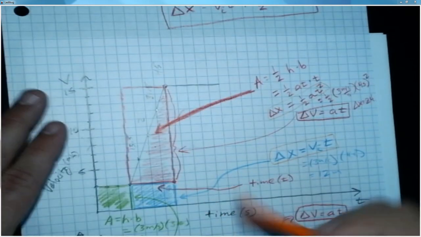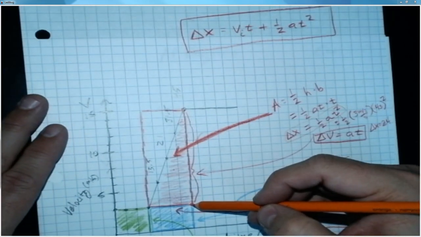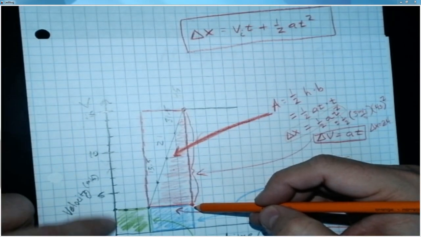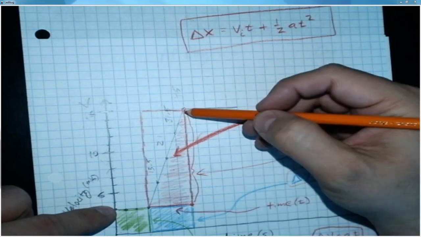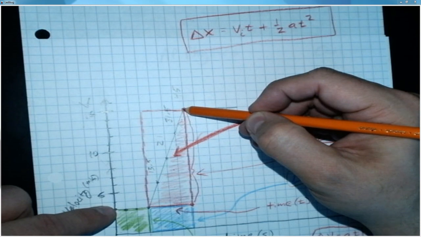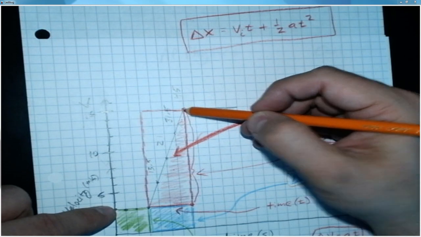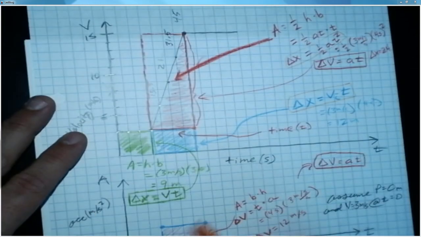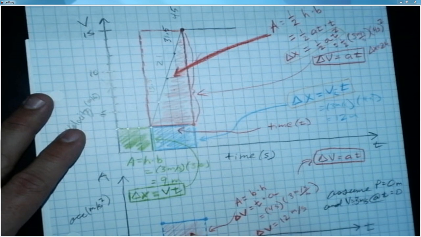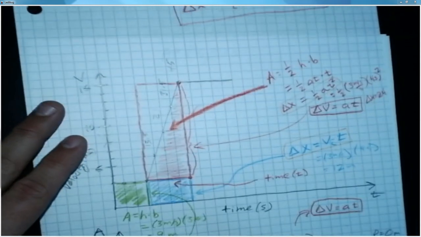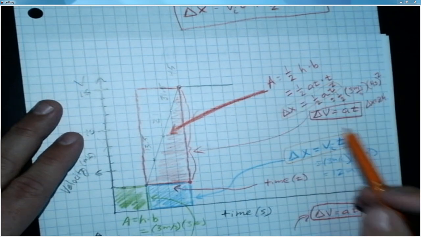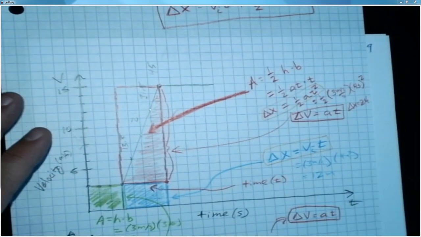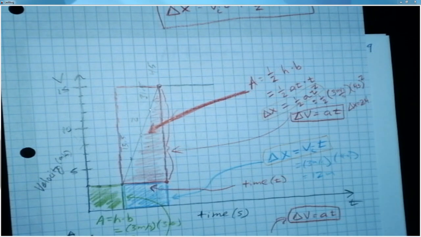And lo and behold, your velocity in this graph had increased from 3 up to 15 meters per second. And 15 minus 3 is 12 meters per second. So it turns out that the area under the acceleration versus time curve gave you the change in your velocity, and that change in velocity was equal to acceleration times time. That's just a brief review about what we did yesterday.